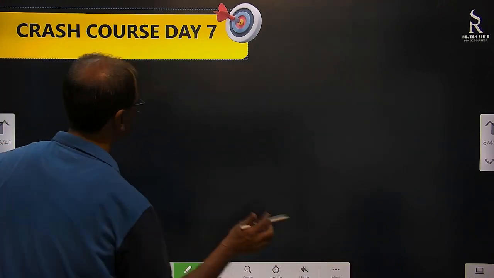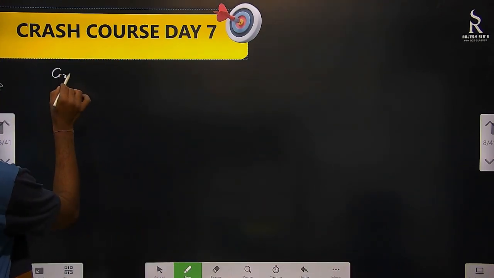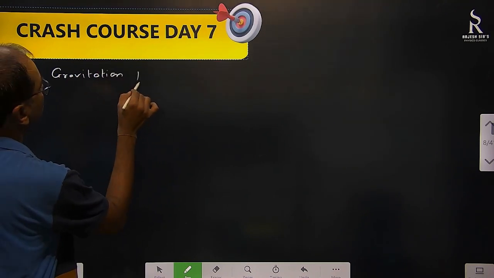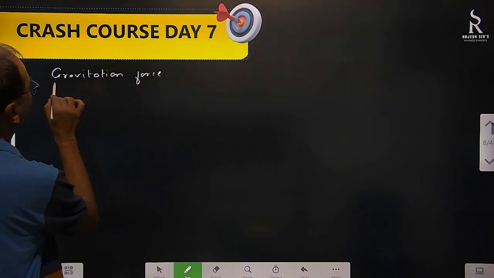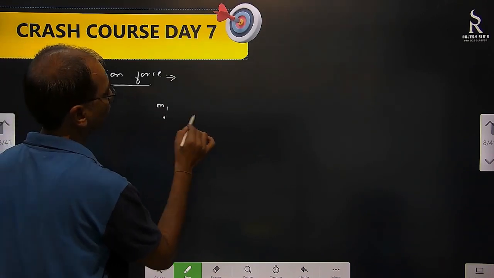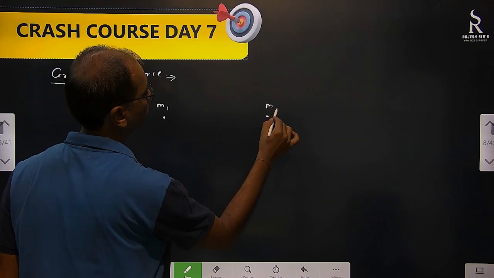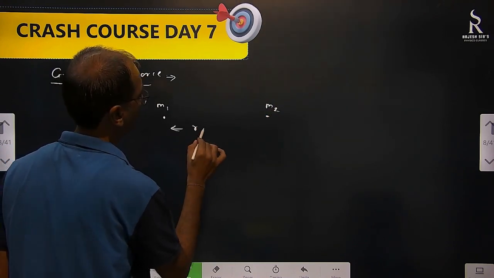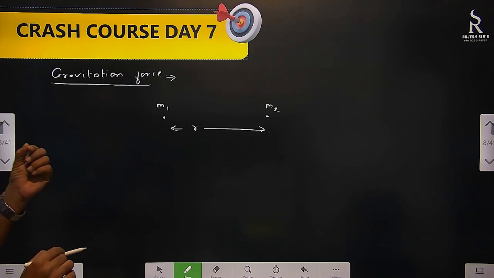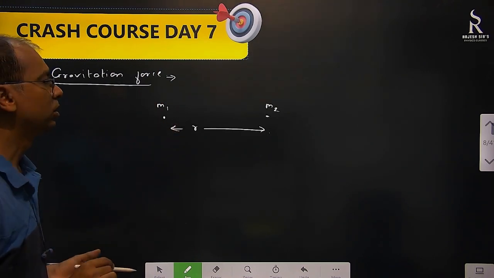Now, gravitation force. Gravitation force between two masses, M1 and M2, with separation R. Both the masses are applying gravitation force on each other.